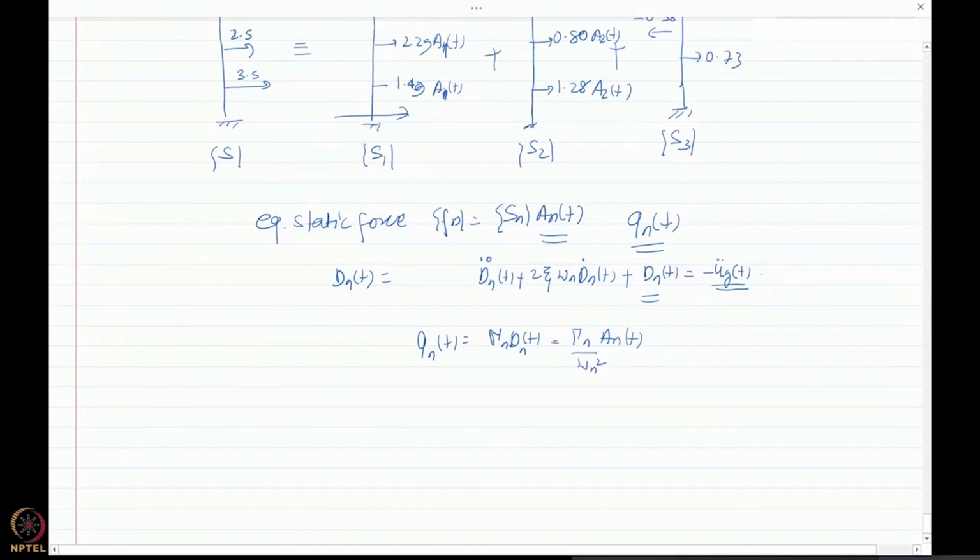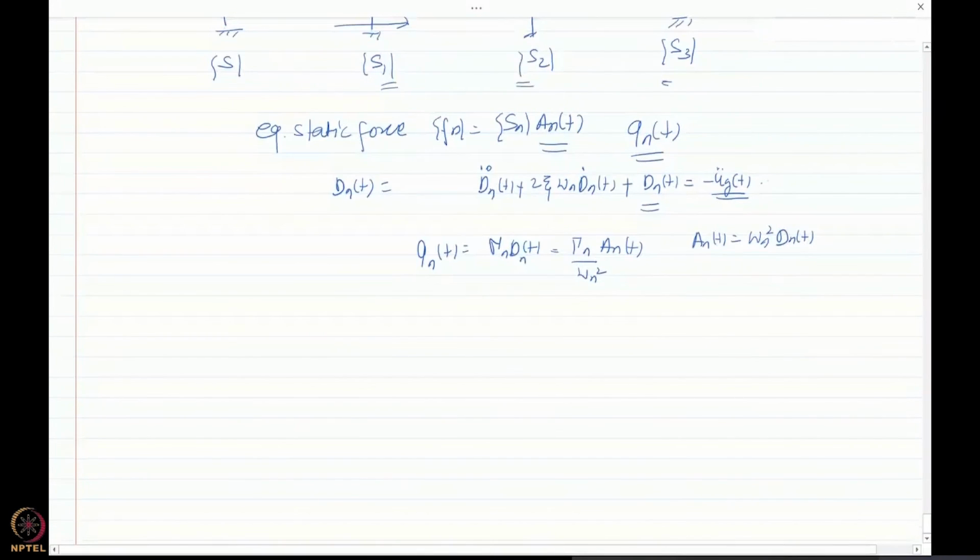Okay, and An(t) you can again easily find out. If this is your Dn(t), An(t) is nothing but whatever Dn(t) you get from there, just multiply with omega n squared times Dn(t). So just substitute here, and you will get the displacement response, sorry, in this case the force response, displacement response, and all other responses as a function of the total response.